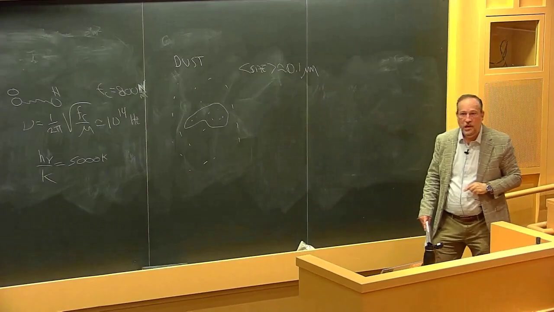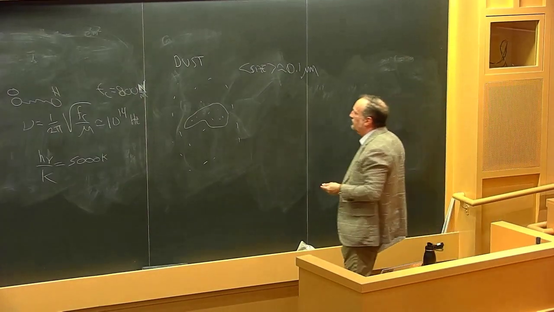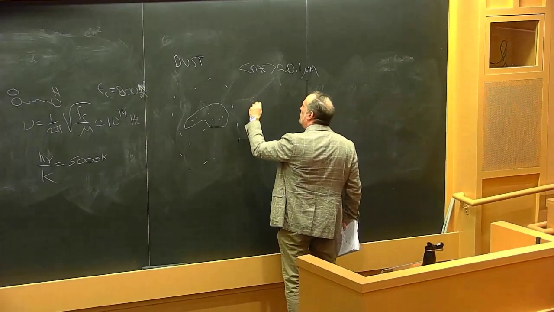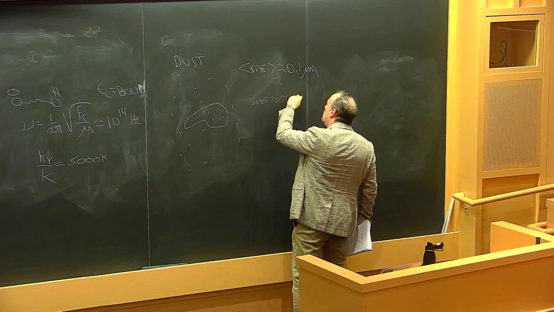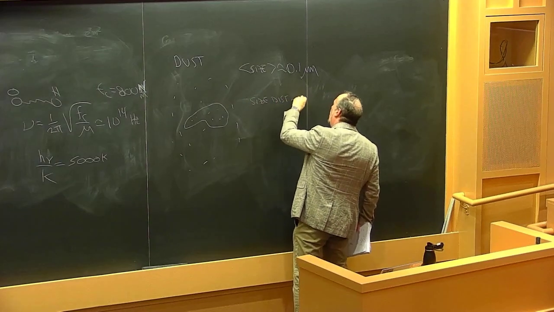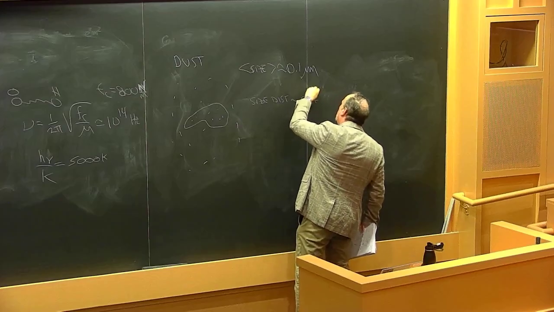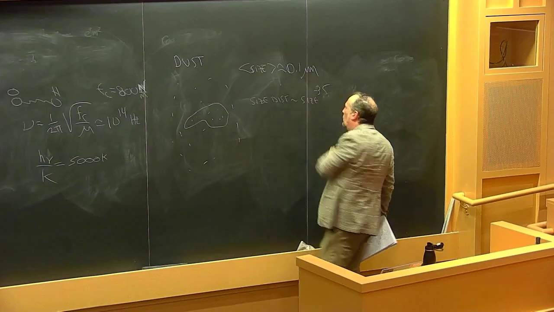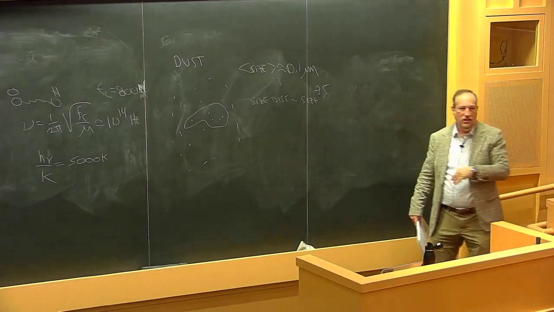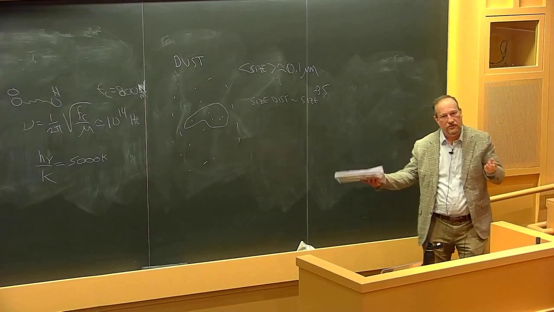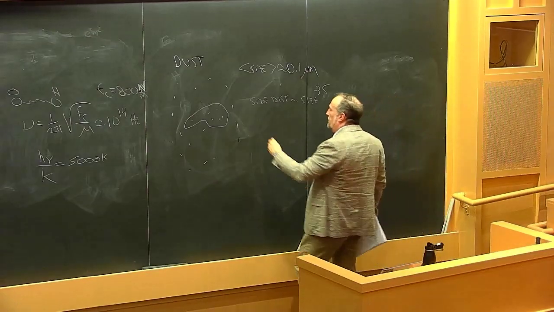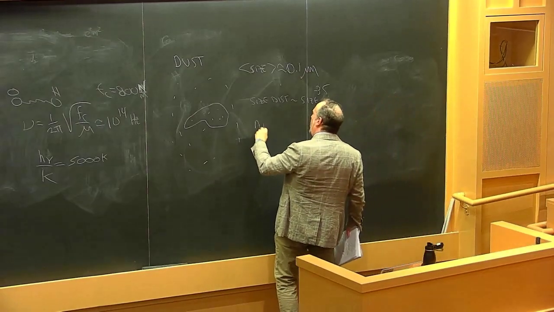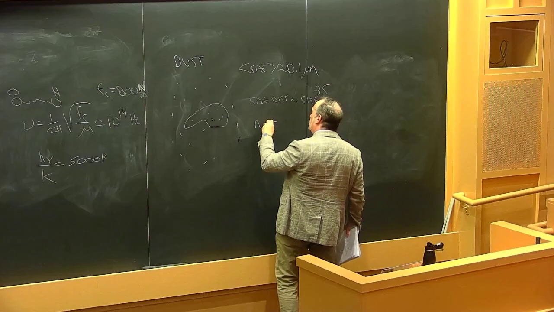And in fact, you could get the size distribution, and it goes as something like the size to the minus 3.5 power. So most of the mass is concentrated in the bigger things and the surface area in the smaller things.